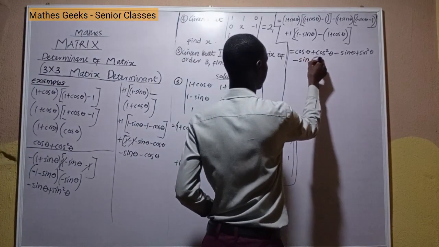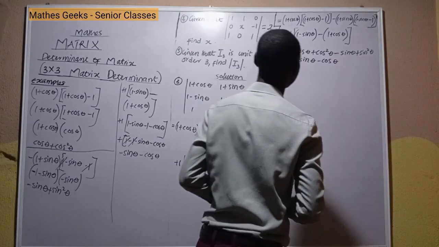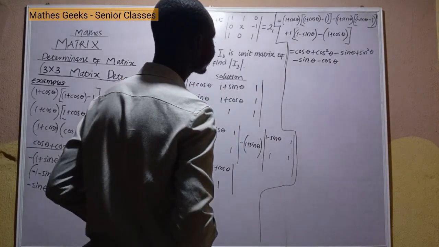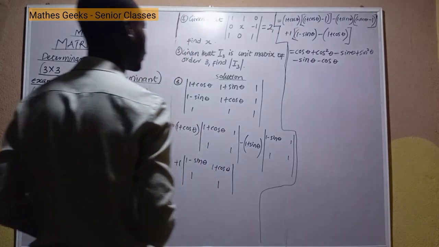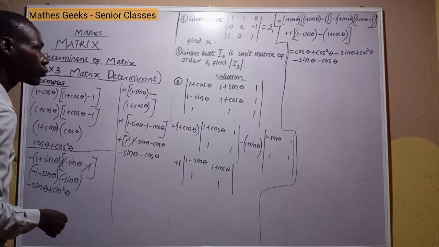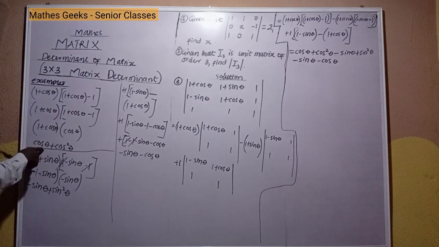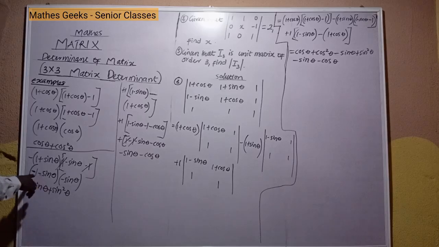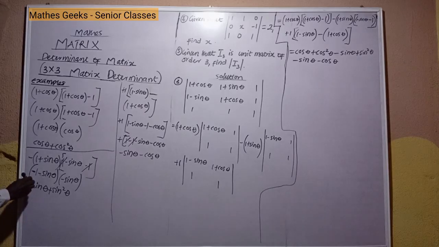Then cos theta plus cos squared theta, minus 1 times minus sin theta, so it's plus sin theta.